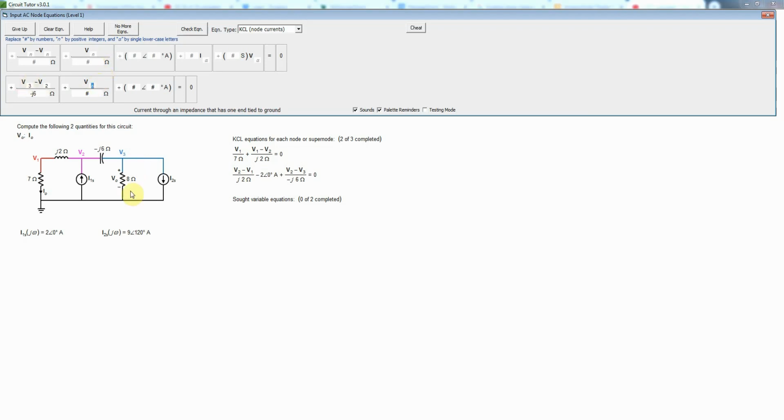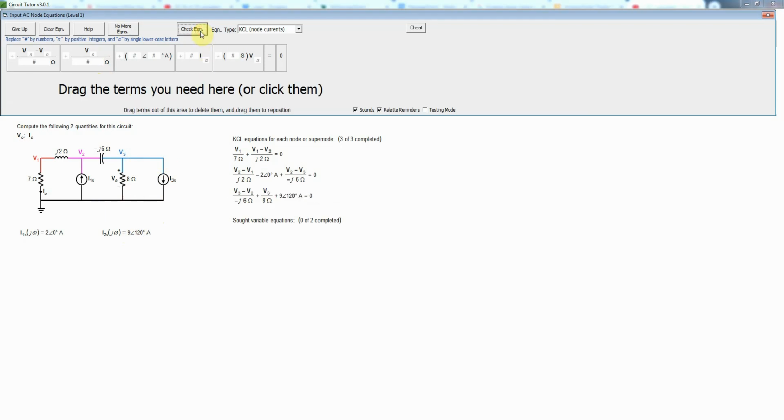And then we'd have the current going this way, which would just be V3 divided by 8 ohms. And this current is actually exiting, so that is in fact the current leaving, so it'll have a plus sign. And so I2S, the value is 9 angle 120 degrees. So we'd put 9 angle 120. And that would be correct.